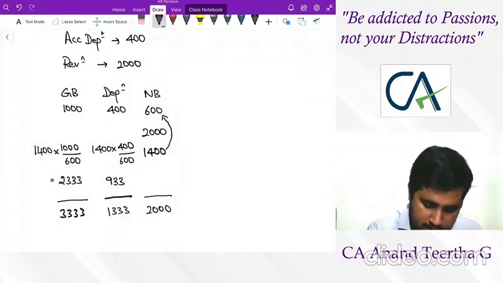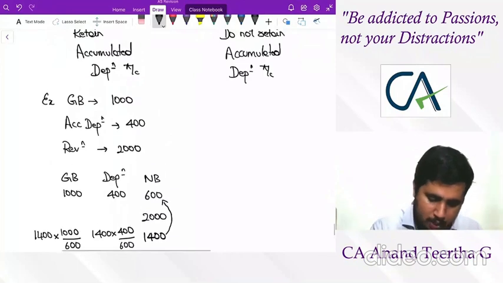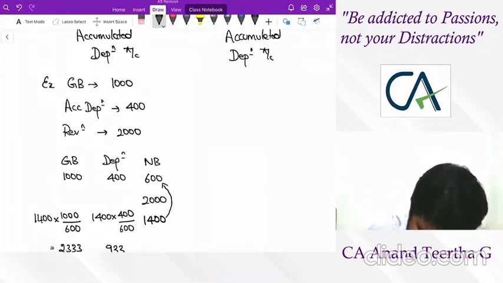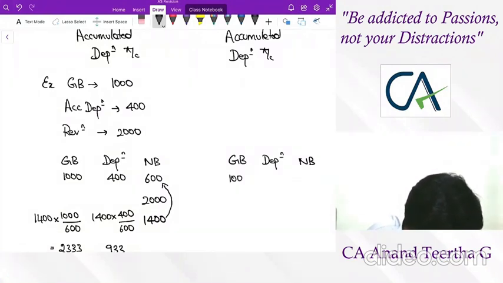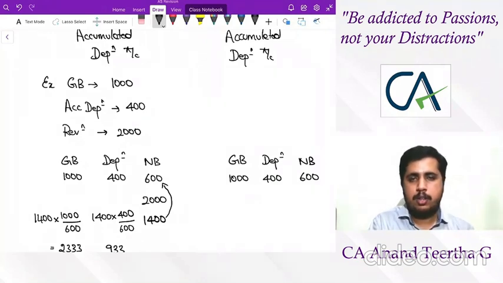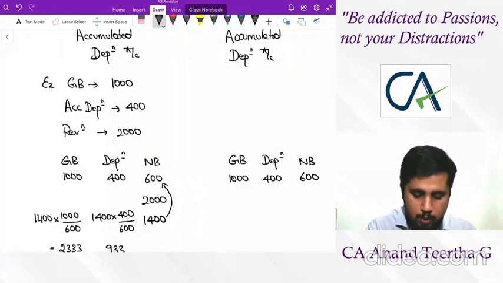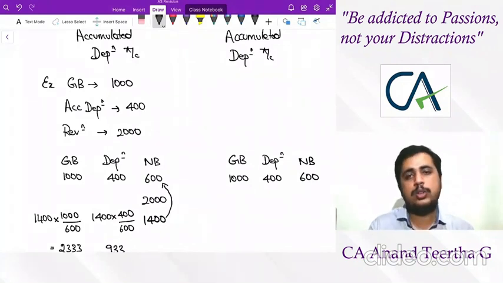The second alternative, for the amount basis, I will go with the same example. So basically gross block, depreciation and net block, where 1000 is gross block, 400 is depreciation and 600 is net block. Now what is happening is that the revalued amount has come to 2000.